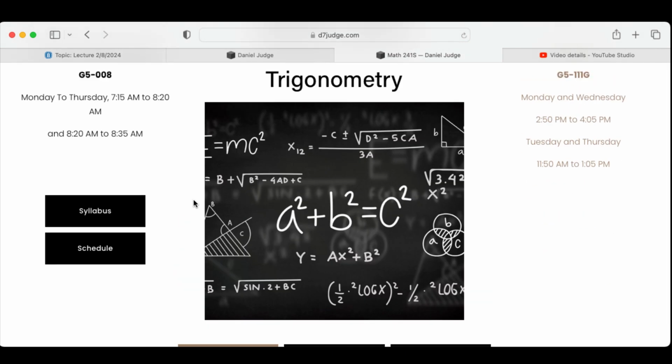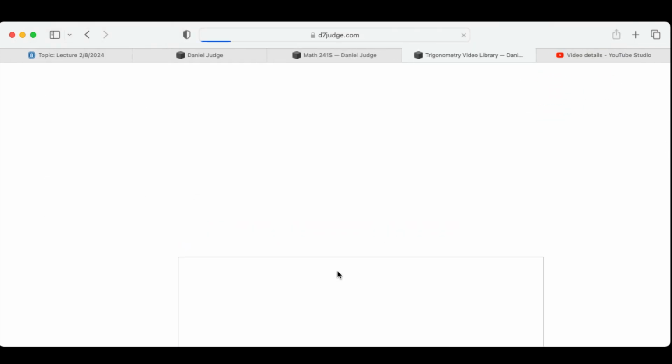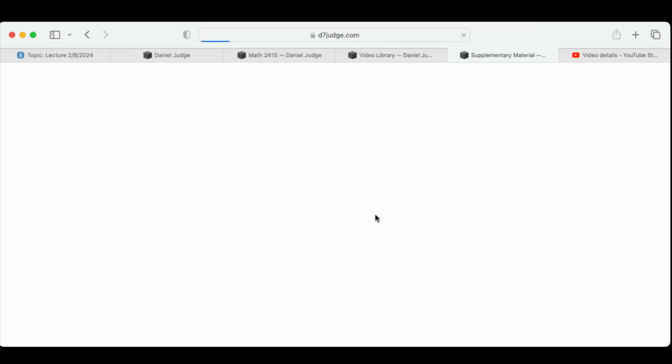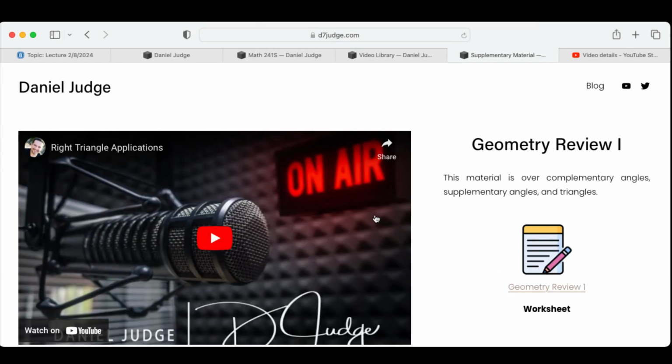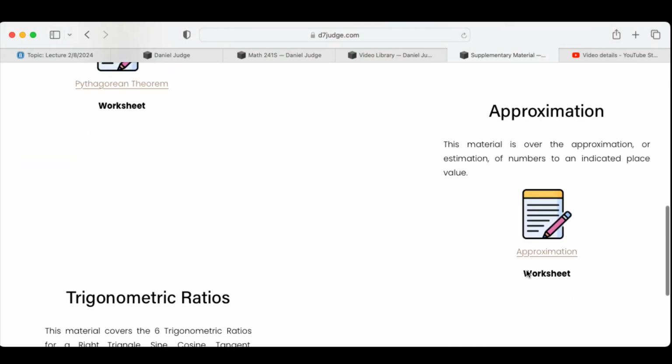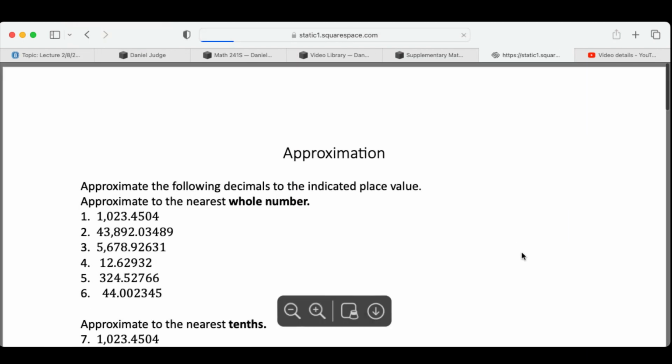So this is your class site library. I got this under the supplemental material. So I'm adding a whole bunch of supplemental. This is the S stuff, by the way. And you might say, hey, Mr. Judge, what's this approximation? Well, I made a nice little worksheet for you guys to practice.